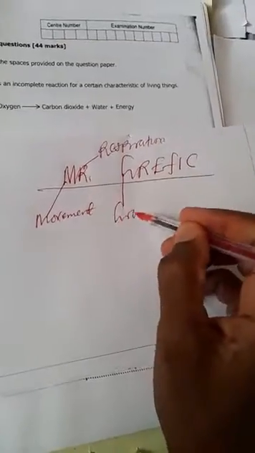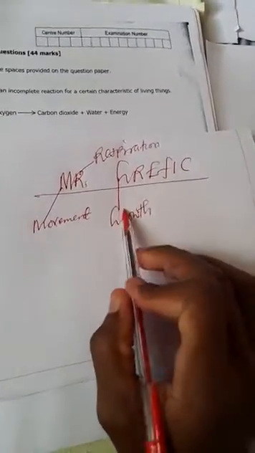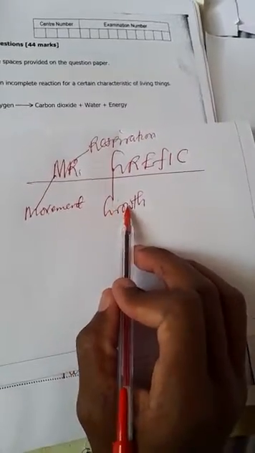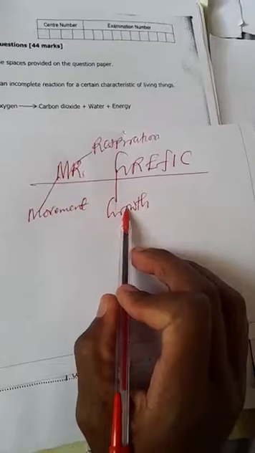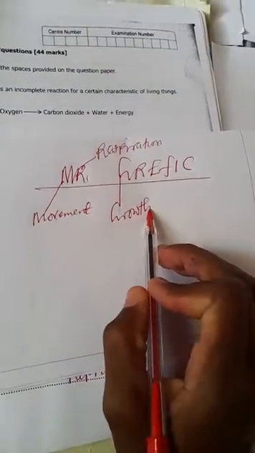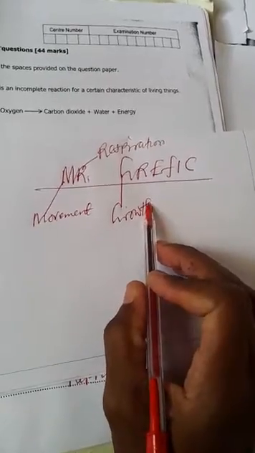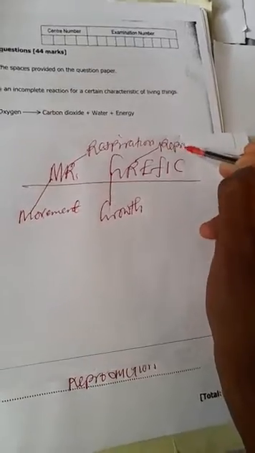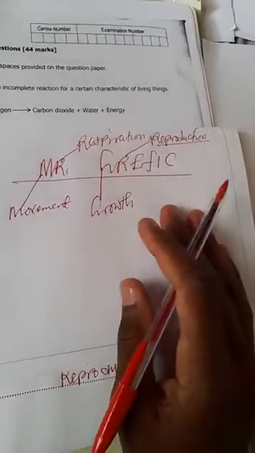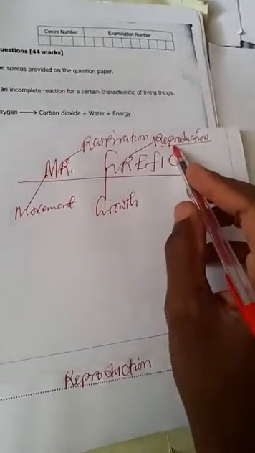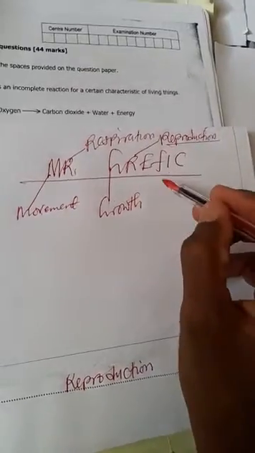G is for growth. Growth can be easily defined as the permanent increase in size, mass, number of cells, or complexity of an organism. This one can go for reproduction. This is the process by which living things produce their offsprings, asexually or sexually.